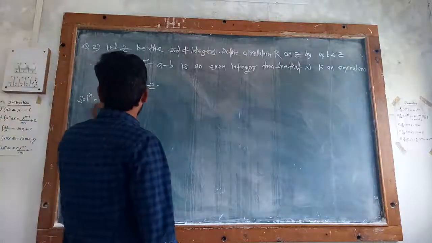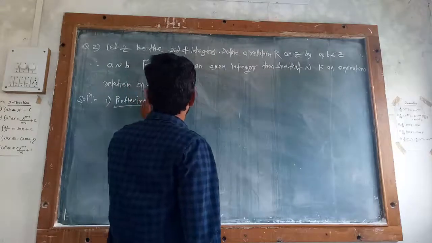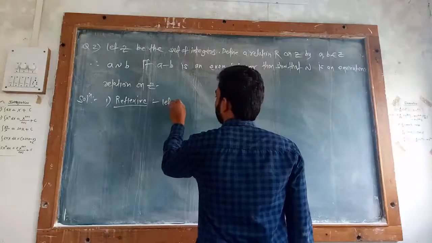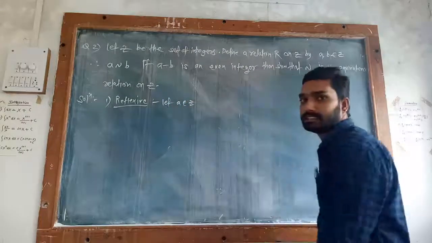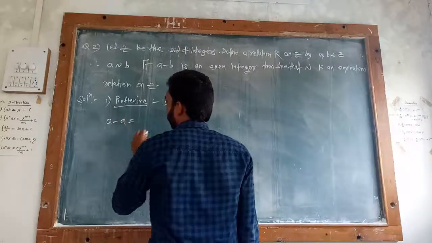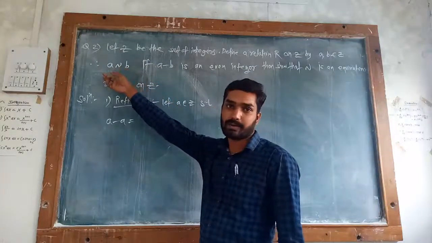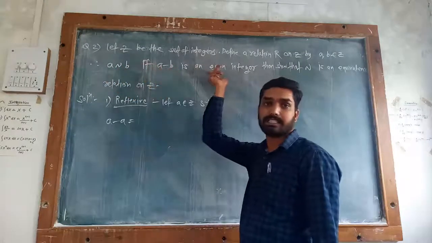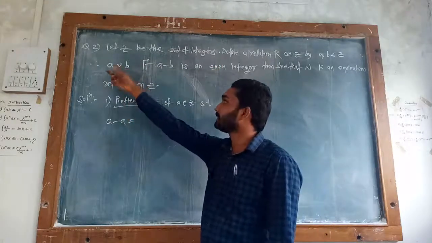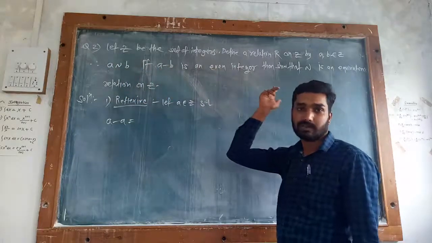So that is the first one, the reflexive property, right? Let a be any integer. We have a equivalent to b if a minus b is an even integer. For reflexive, that means a is equivalent to a, and we have to check that a minus a is an even integer.